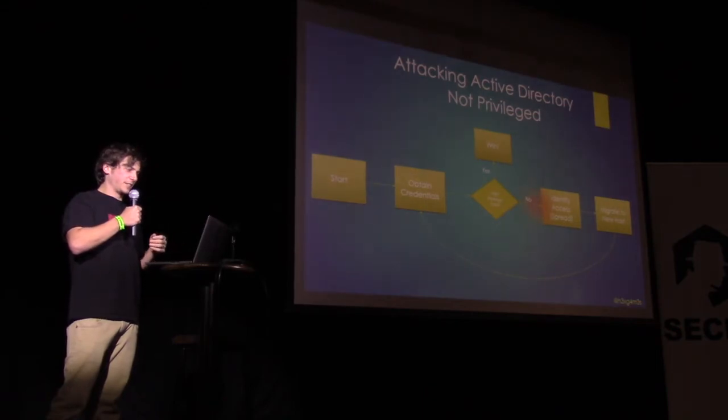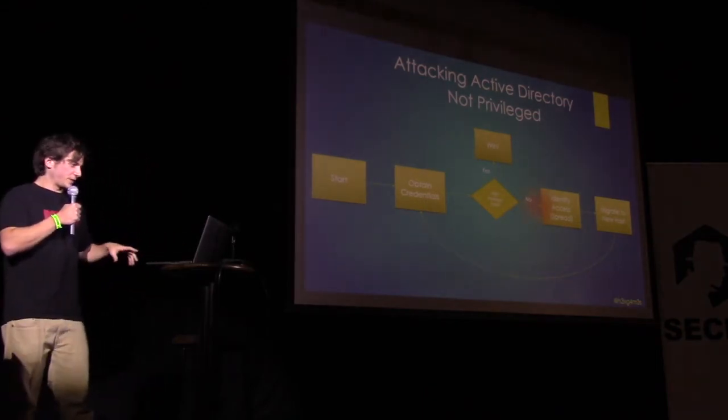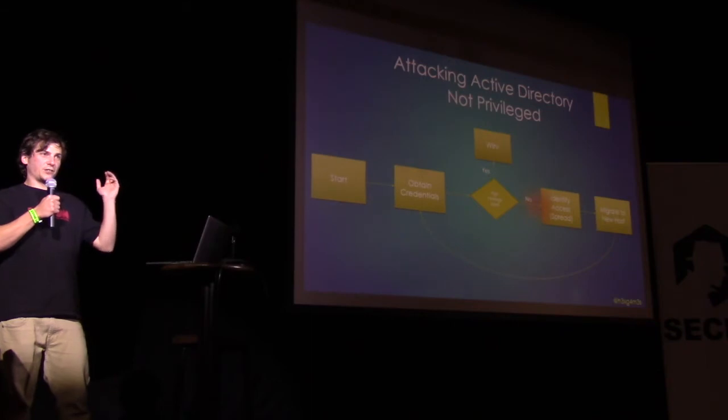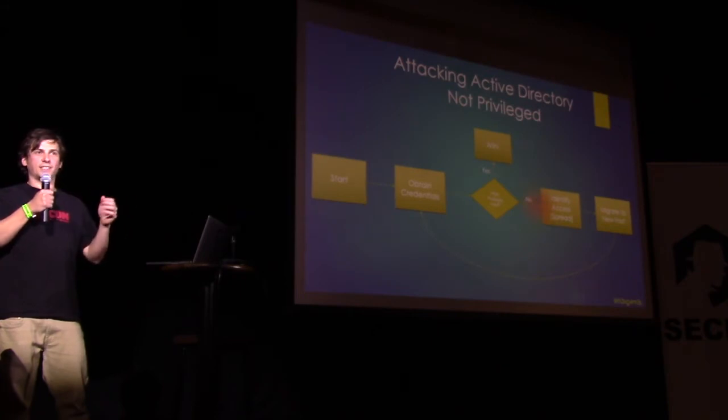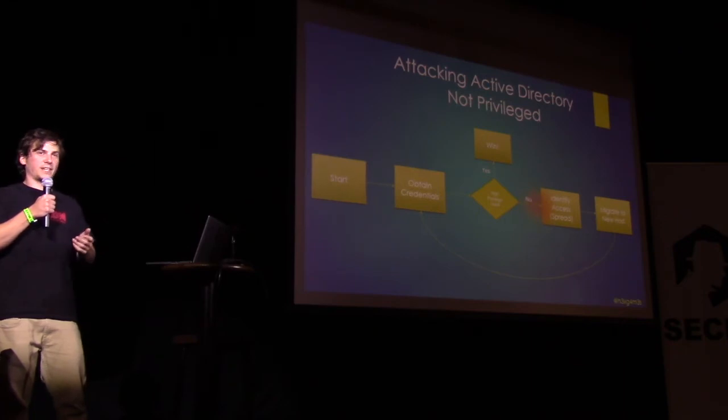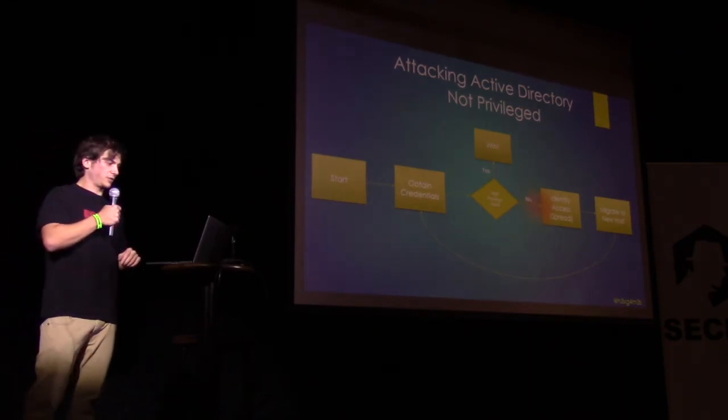I'll slow down and go through this a little bit better coming up, but if I've got in on your network because I guessed someone's password, I'm going to see where they can go access. A lot of times domain users have local admin across the network. Or whatever box I get onto, if I dump the hashes and realize that you're using the local admin hash everywhere, I can now log into any box, and all I got to do is try to find one of those domain admins or privileged accounts.